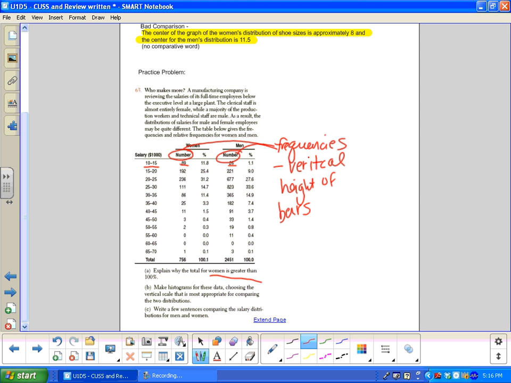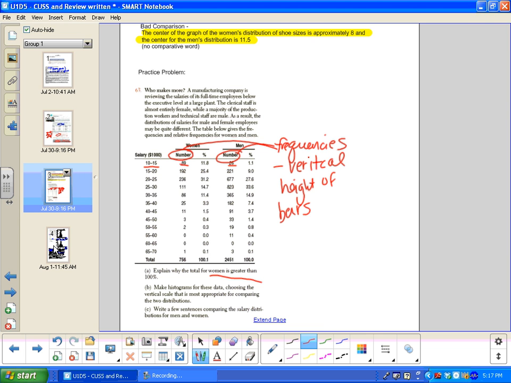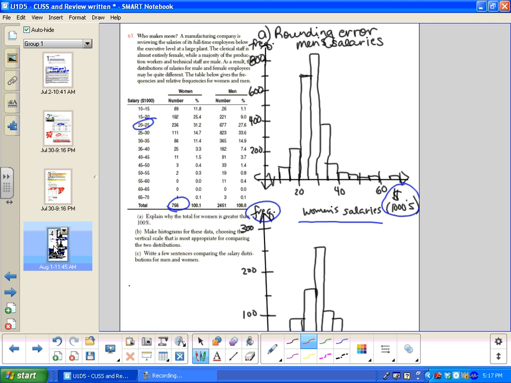You also have to include the context of the problem in any kind of write-up that you do in this class. So make sure you're including what the data actually means when you're comparing the two distributions. All right, so pause the video, go through and work the problem, and I'll see you back in just a second.